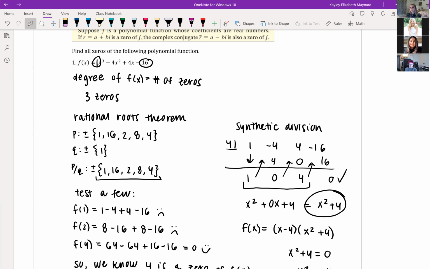That's why we usually only find 1 zero if it's a 3rd degree, because you know that the other piece is a quadratic, and you can use the quadratic formula. That's really easy to do. If it's a higher degree, sometimes you can factor what's left over. It's kind of different, but I think the only ones that we've really done are third degree ones because those are the most simple example. So that is why we only find one, because then our other piece is a quadratic.